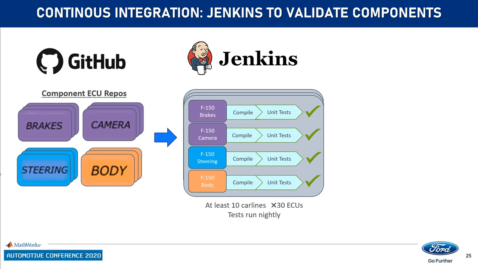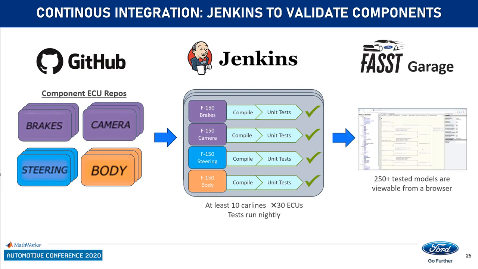Just back of the envelope numbers here, if we're testing 10 or 15 car lines, each with an average of 30 ECUs, that's kind of the level of tests that we're running daily or nightly. Once we've tested all those, we store all of those, what we're calling component models, on a platform we've called Fast Garage.